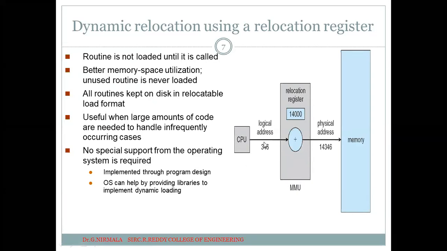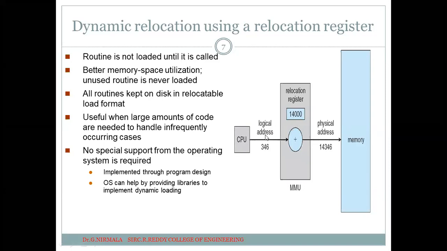Now the contents of the logical address 346 plus the contents of the relocation register 14,000 give the physical address, that is 14,346, which is available in the main memory. At that location the process is exactly loaded. This is known as dynamic relocation using a relocation register.